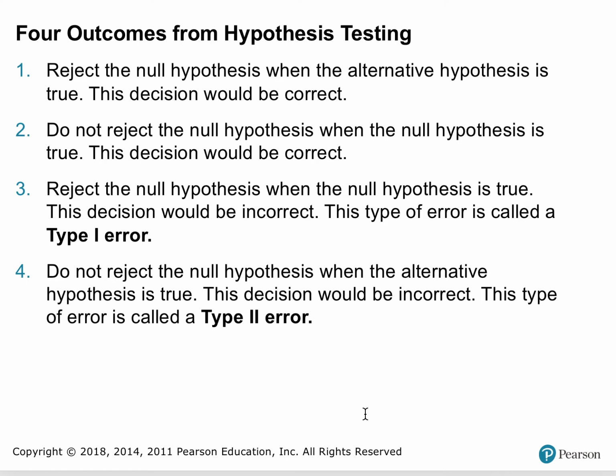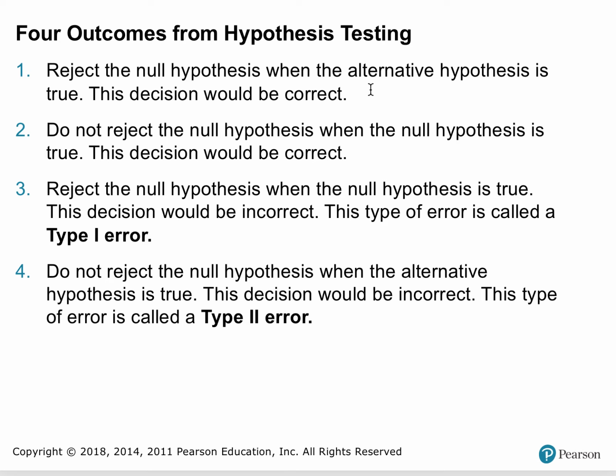Sample data is used to decide whether or not to reject the statement in the null hypothesis. Because this decision is based on sample information, there is the possibility of making an incorrect decision. In fact, there are 4 possible outcomes from hypothesis testing. Okay, 1, you can reject the null hypothesis when the alternative hypothesis is indeed true, and you would have a correct decision.